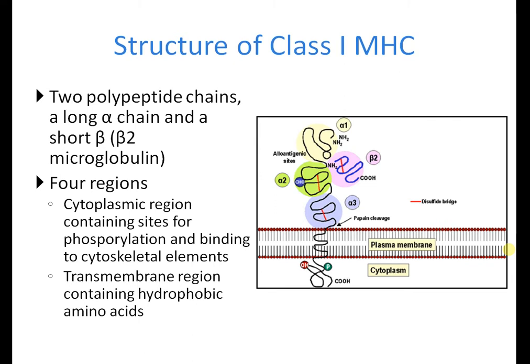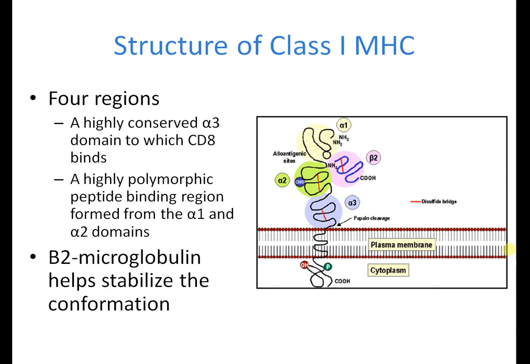It has four regions: the cytoplasmic region, which also contains sites of phosphorylation and binding sites for cytoskeleton elements; the transmembrane region, containing hydrophobic amino acids; a highly conserved alpha 3 domain to which CD8 binds; and a highly polymorphic peptide-binding region formed from the alpha 1 and alpha 2 domains. Beta 2 microglobulin helps to stabilize the conformation.